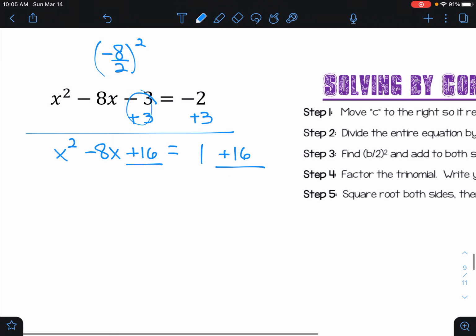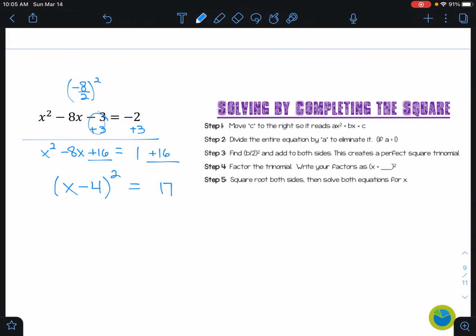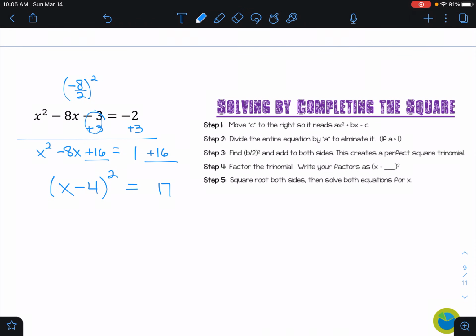Then I'm going to write this in the factored form now on the left. There's a negative here, so be careful. This will be x minus 4 quantity squared. Again, this number should always be half of that number, right? Negative 8, half of that, negative 4. So x minus 4 squared equals 17. Now I'm going to take the square root of both sides.